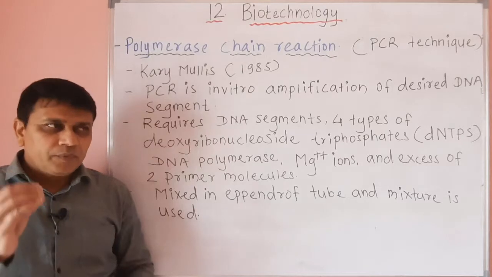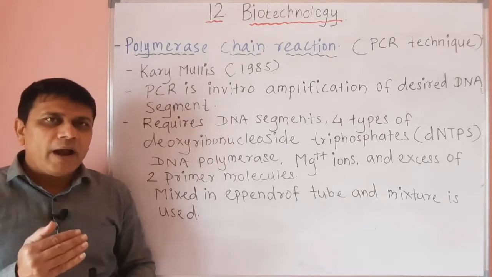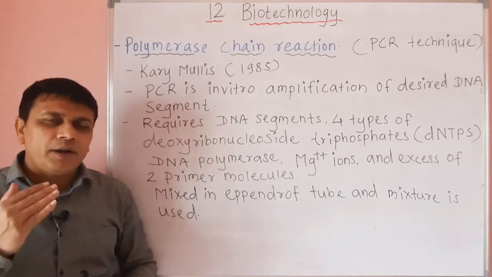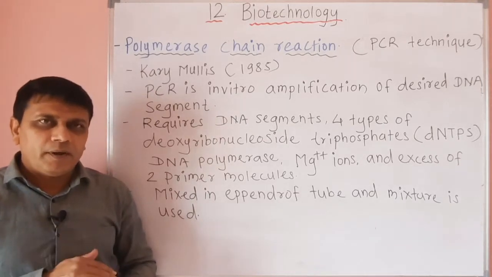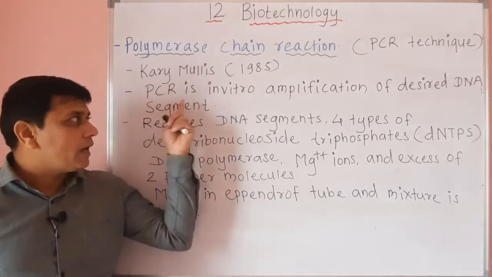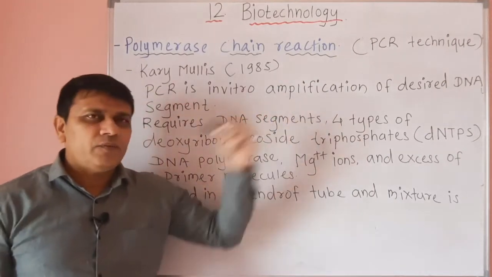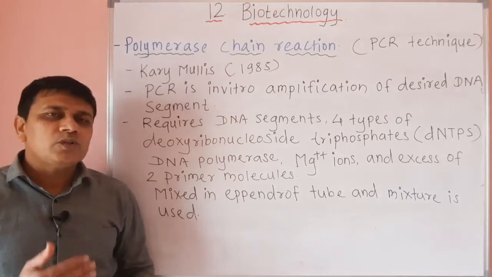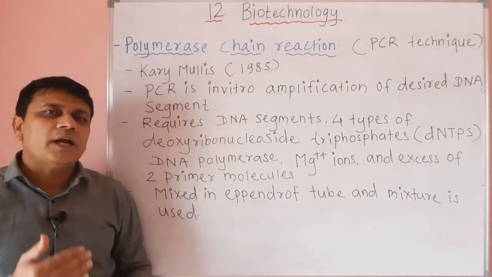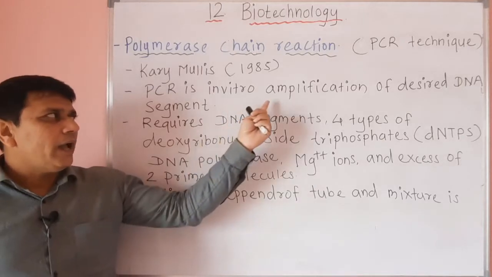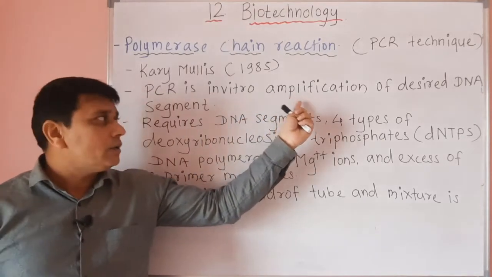That means the number of identical copies of the desired gene or DNA can be prepared by using PCR technique, and this process is called as gene amplification. That means producing number of copies of the desired segment of DNA is called as amplification of DNA or gene.